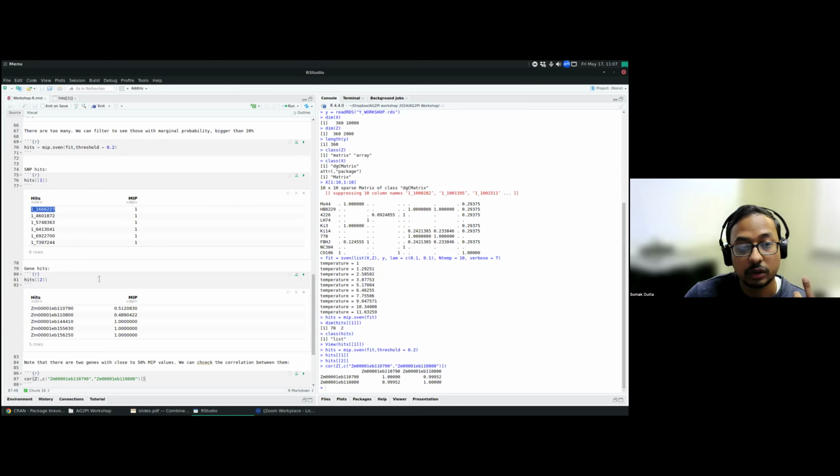Now, whether we get more hits with this method is not necessarily true. What this method guarantees, and many of the guarantees are in the asymptotic sense, since in a finite sample we don't know how big the error variance is, is that asymptotically the discoveries are going to be truly causal.